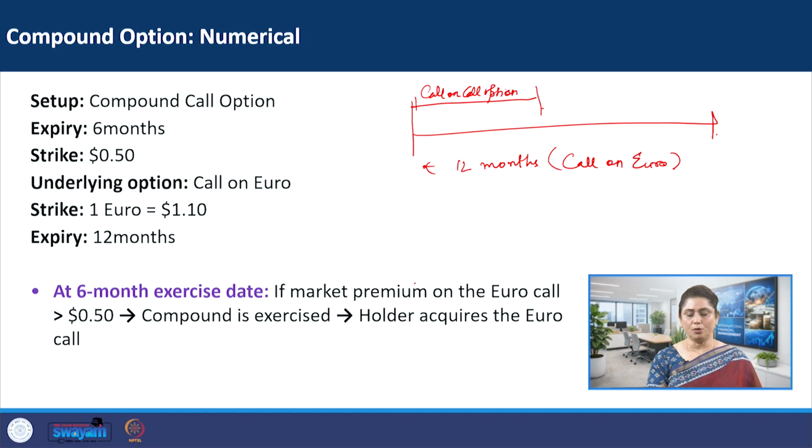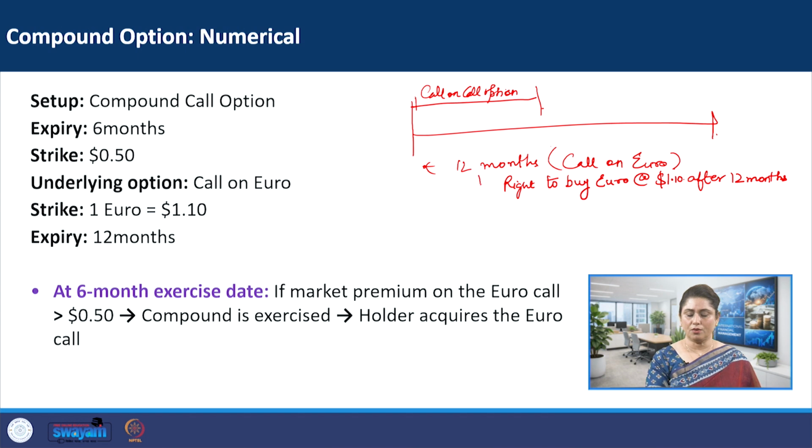They both have different rights. Here it is the right to buy euro at $1.10 after 12 months.